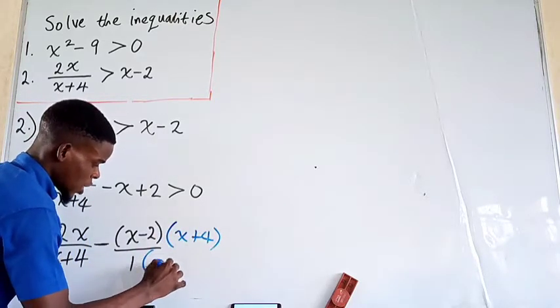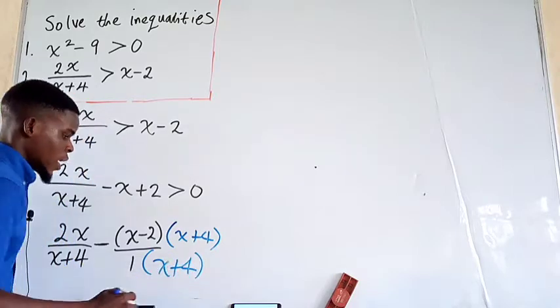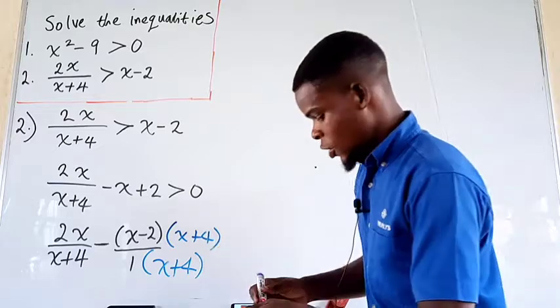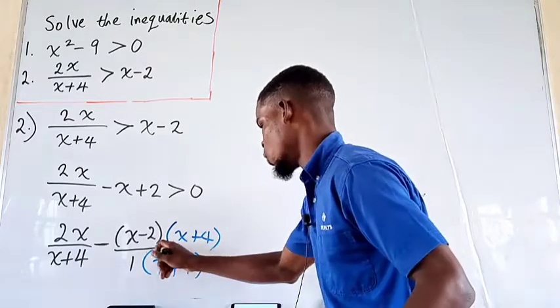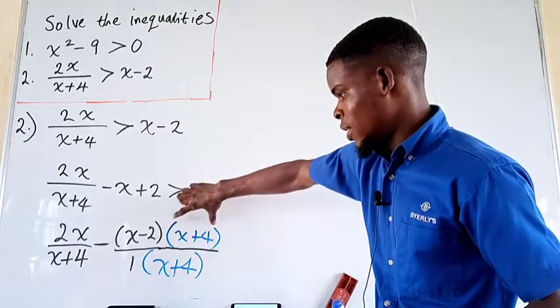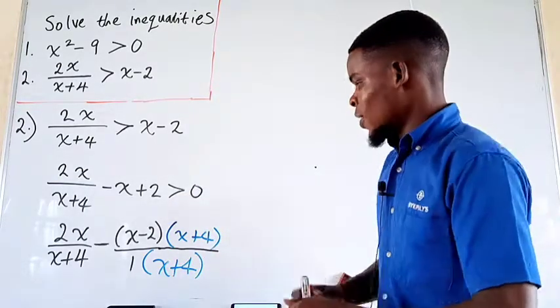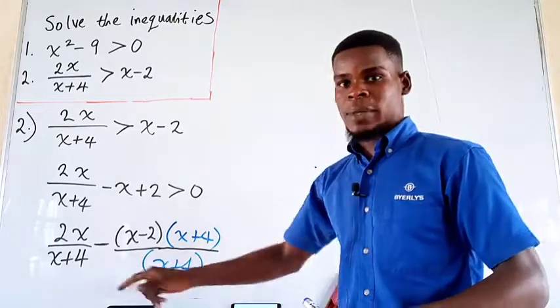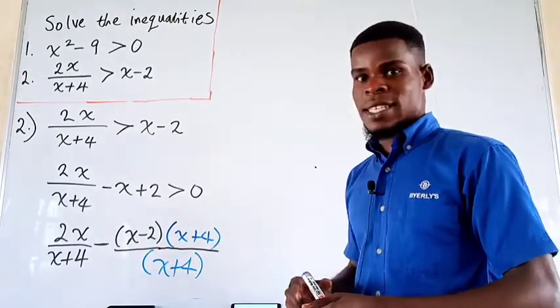By multiplying the top and bottom by the same thing, we are just multiplying by 1, so that this and this cancel and we are left with what we had originally. If you multiply something by 1, it is just that thing.